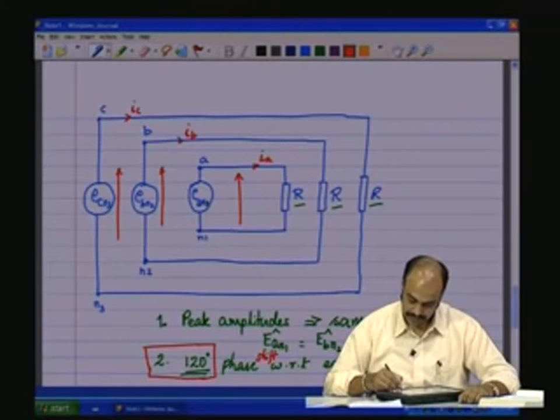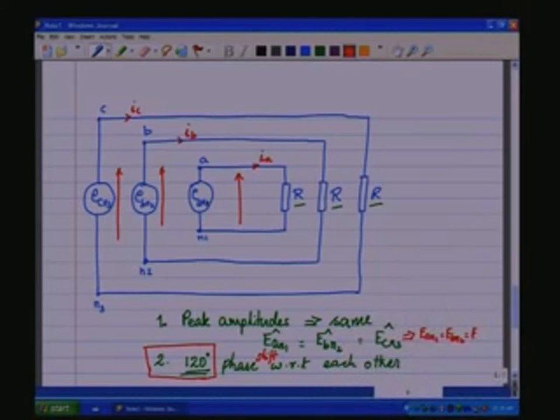This also implies that we have the effective values of all three equal, the peak and the effective values.